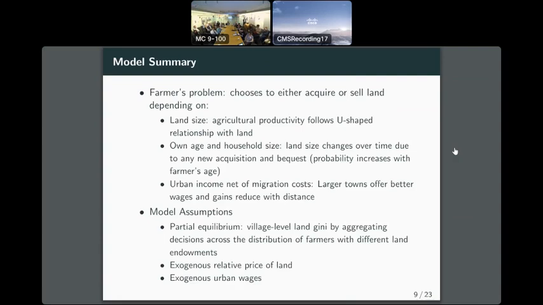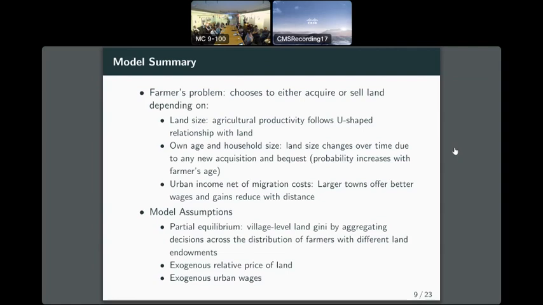One is the land size agriculture productivity relationship, which I said what we take seriously is the U-shape, which means farmers with land holdings that are either small or very large are more productive than mid-size. This is something that Foster and Rosenzweig also show. The reason is that if you're small, you will do more intensive agriculture, and you have family labor, so you don't have span of influence problems.